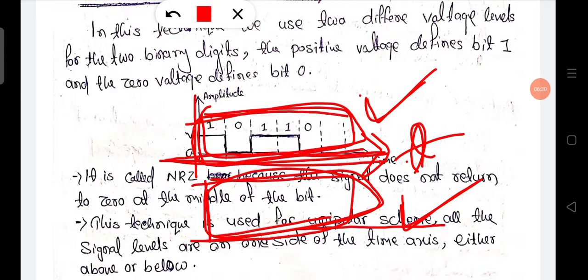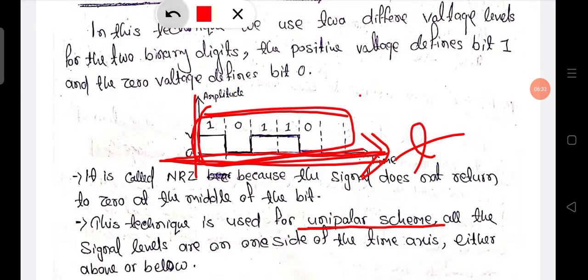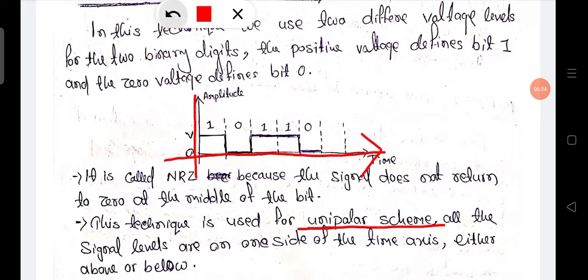Here you see, all this signal is situated on the positive side, so it is called a unipolar signal. And this scheme, non-return to 0, is for unipolar signals.